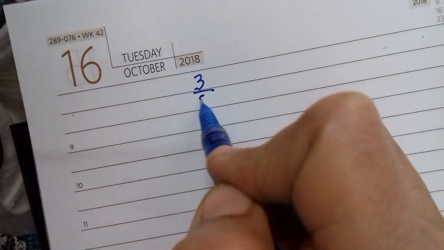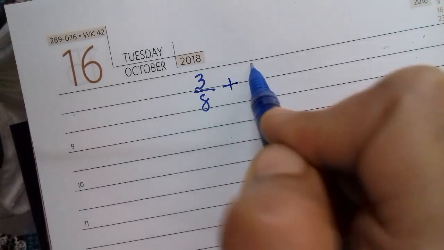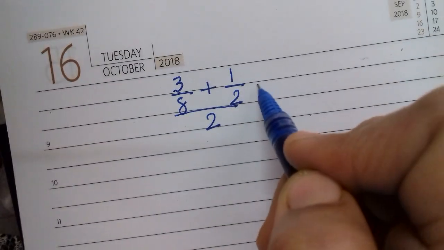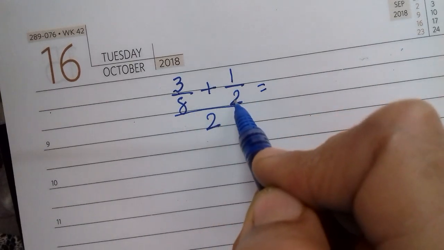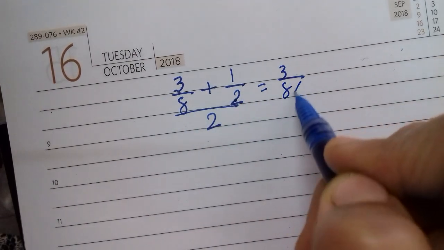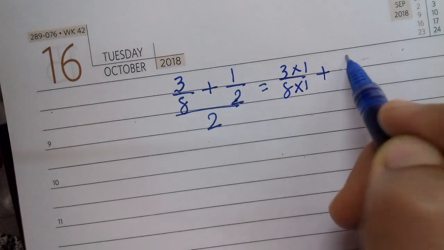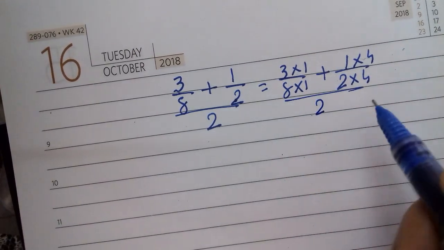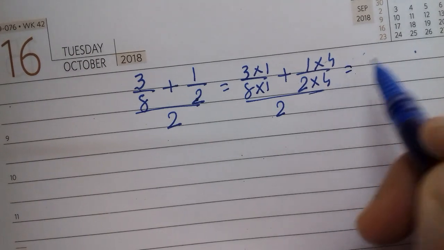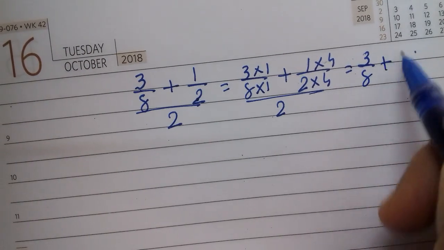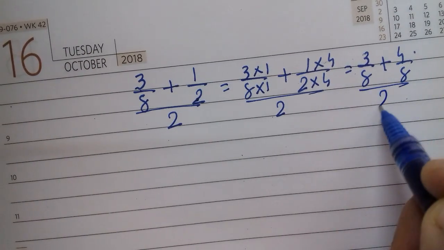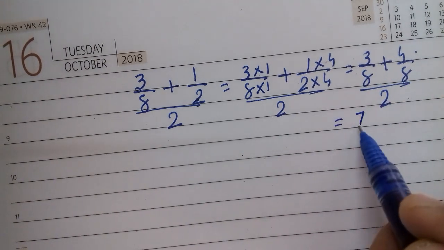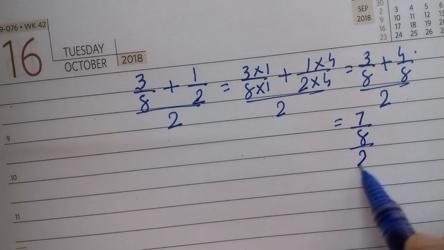Again do the same process. (3/8 + 1/2)/2. Here the LCM is 8. So 3/8 plus 2 fours are 4/8, upon 2, is equal to (3/8 + 4/8)/2. Here the denominators are the same. So the answer is (7/8)/2.